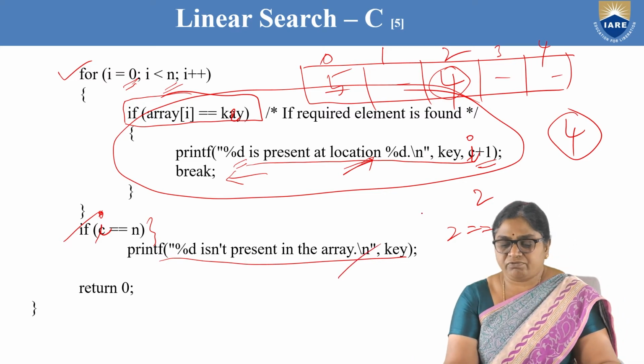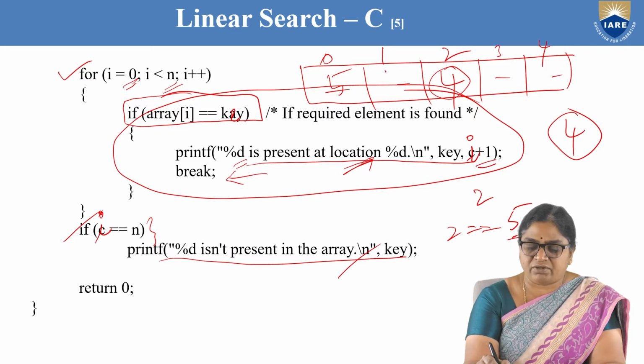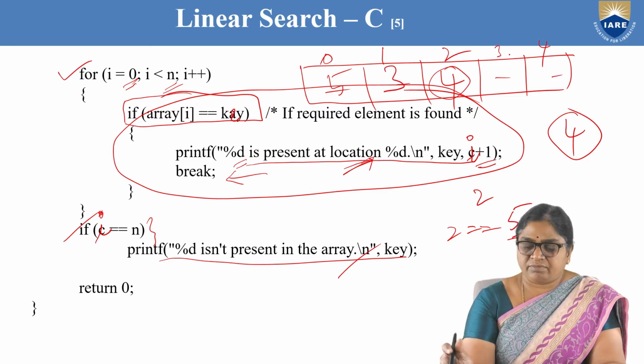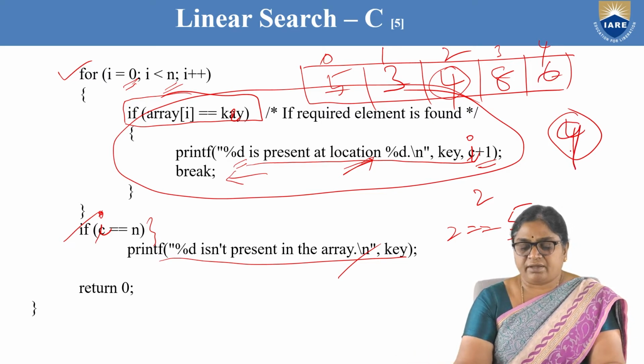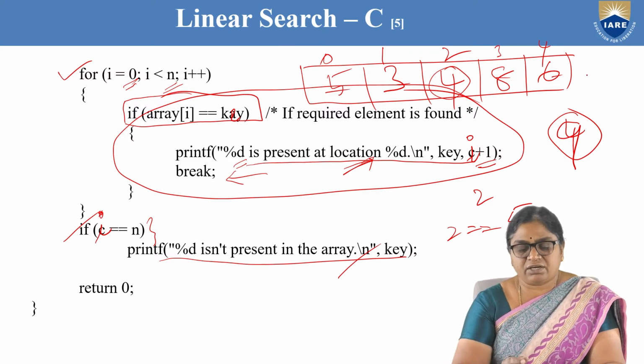For example, if the list is 5, 3, 4, 8, and then 6, and I am trying to check for 9. So is it present in this list? No. We'll traverse the entire list starting from 0 to 4. So 5 will compare with 9, 3 with 9, 4 with 9, 8 with 9, 6 with 9.